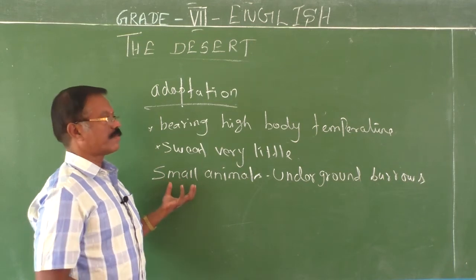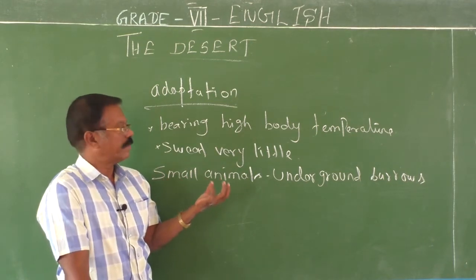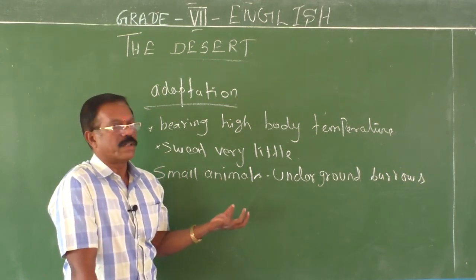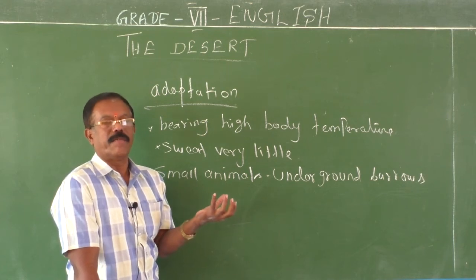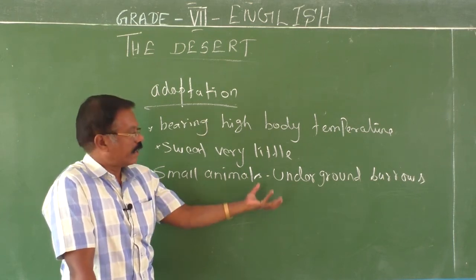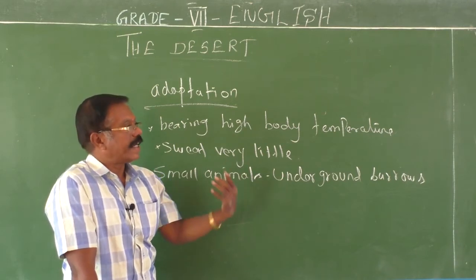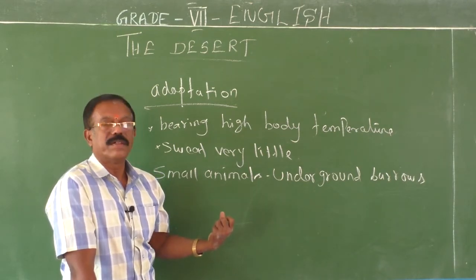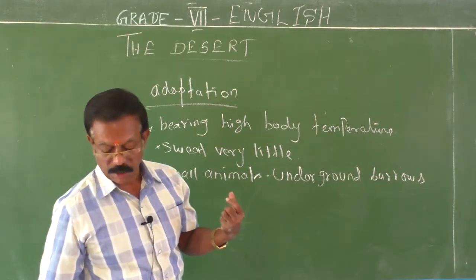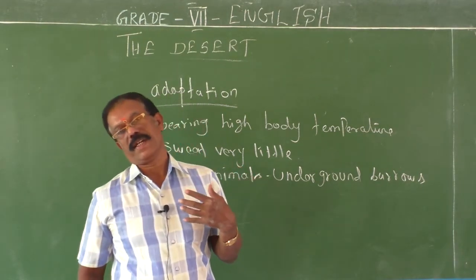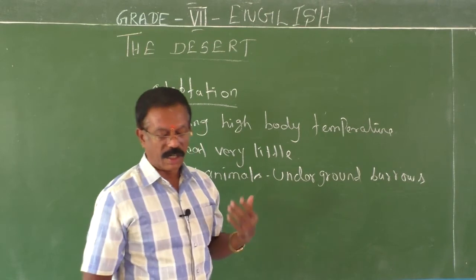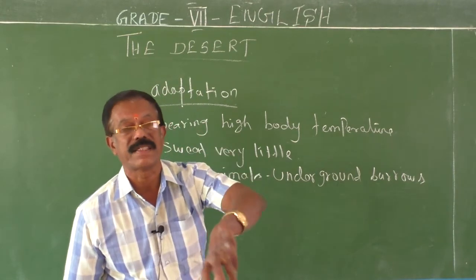Some small animals hide in underground burrows to keep their bodies cool, and they can get water from nearby plants and from the moisture of their meat. Okay, then what are the special adaptations the plants of the deserts have?